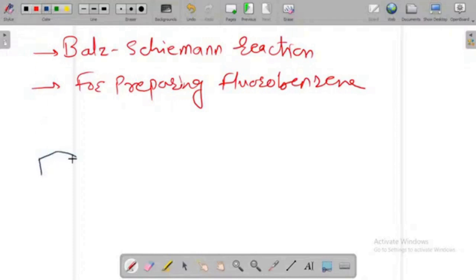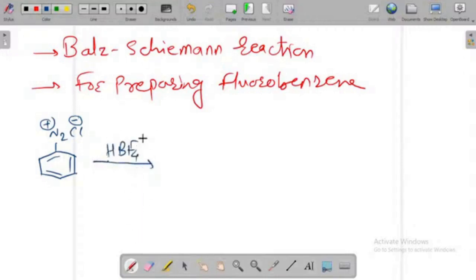So this is benzene diazonium chloride, which on reaction with HBF4, this is also called fluoroboric acid, produces this salt.